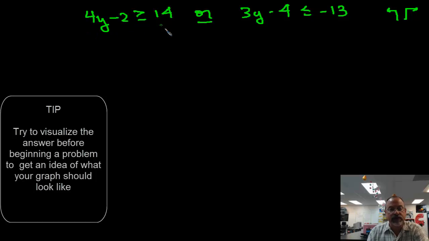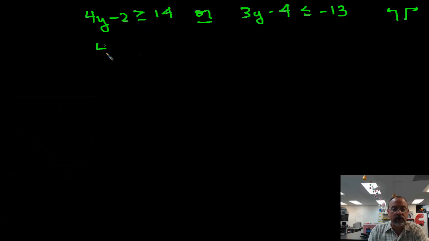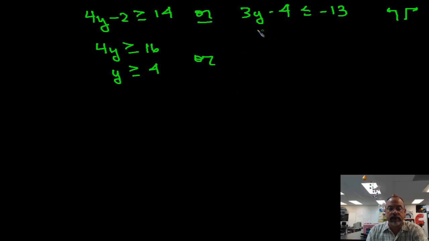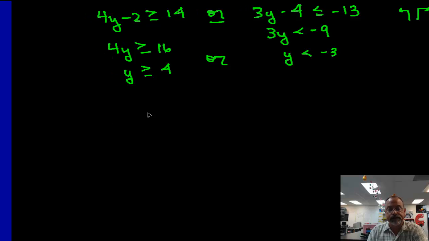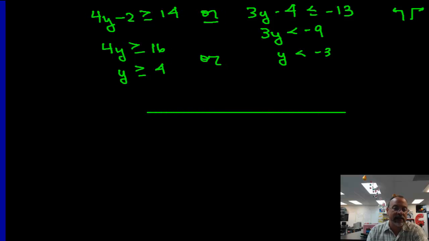So let's solve these with our properties. 4y is greater than or equal to 16, dividing by 4, so y is greater than or equal to 4. Or, for the second one, 3y, we add 4 to both sides, that's negative 9, so y is less than negative 3. So y is greater than or equal to 4, or less than negative 3.